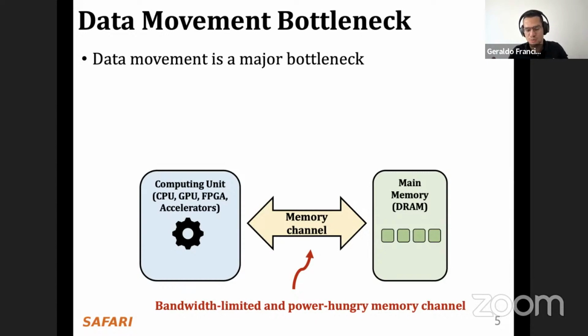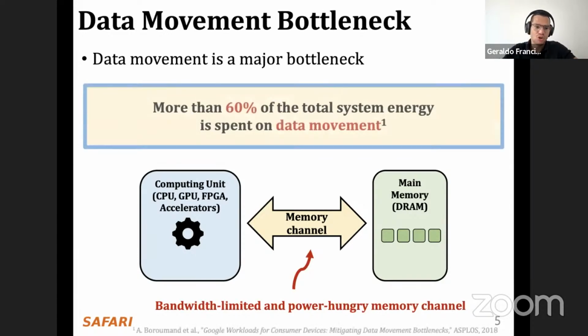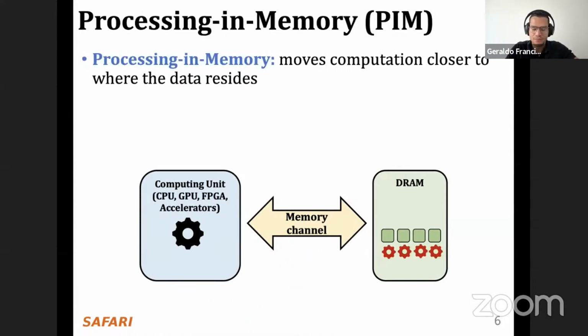It's quite costly to include more pins to provide more bandwidth, and this also increases the bandwidth consumption of that link itself. Prior works in our group from Amirali show that more than 60% of the total system energy in many applications is spent on data movement. So this illustrates that this memory channel is one of the main bottlenecks for a variety of applications.